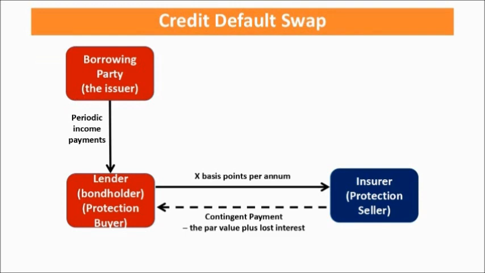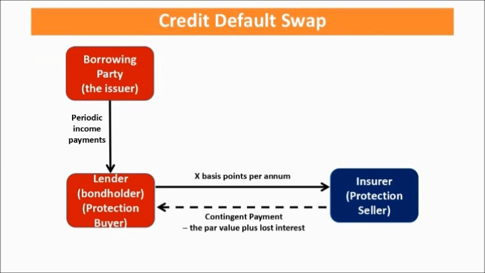A bond is issued by a company to acquire certain capital. In return they are going to pay certain interest. So the lender will buy the bond from the borrowing party, which is the issuer. So lender will become the bond holder. Now in return, the borrowing party will give periodic income payments as agreed by the bond.